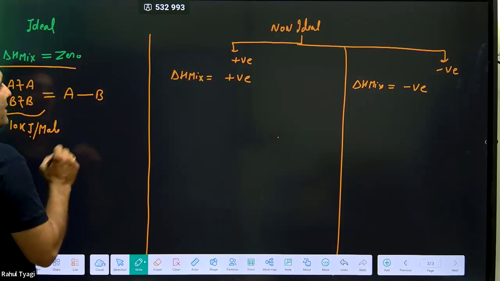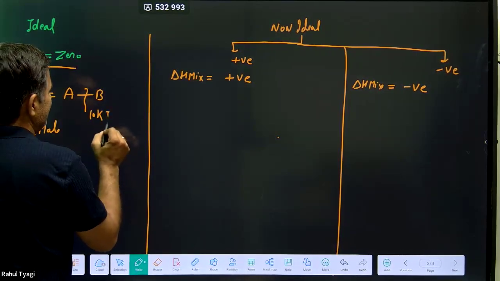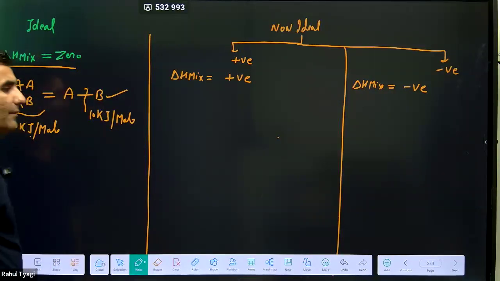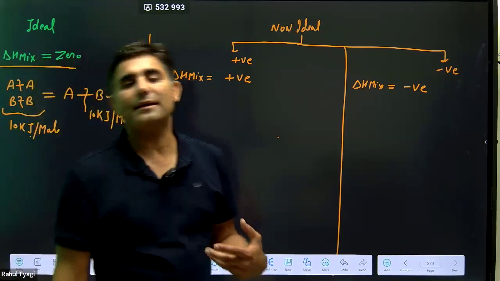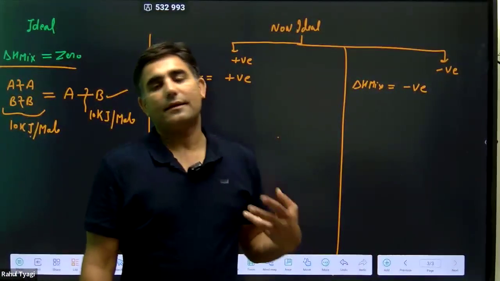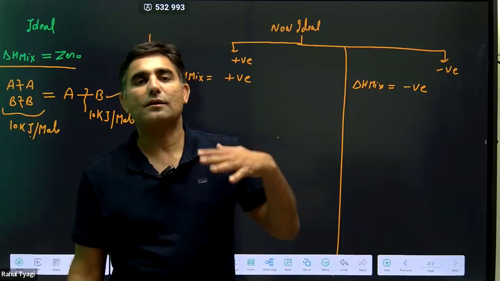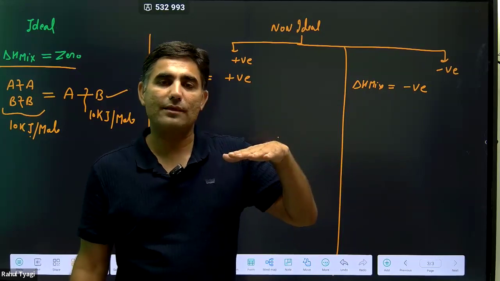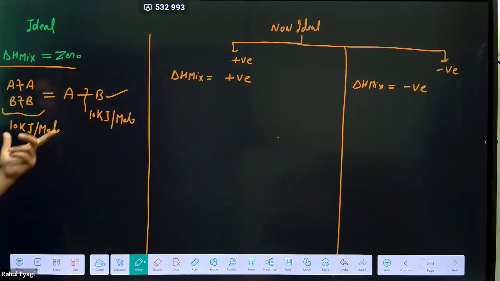Then the bond strength is same. 10 kilojoule energy will release when the new bond will form. It means the entire energy will be compensated by the new bond. 10 kilojoule energy is required to break a bond, and the new bond formed is of similar bond strength, and 10 kilojoule energy is released when the new bond is formed. The delta H becomes 0.